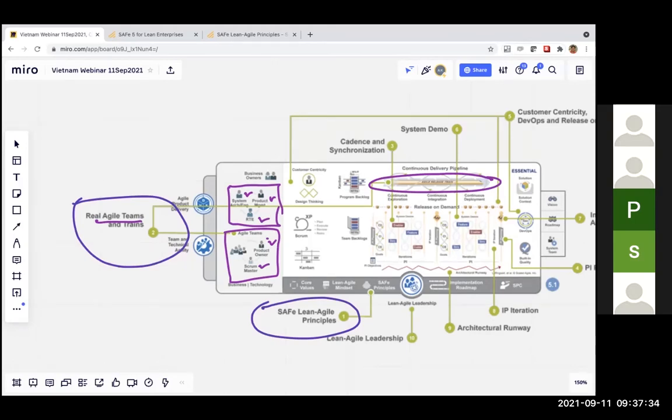Yeah, thanks a lot. There is also a question from Hưng Nguyen: can one person play multiple roles in a SAFe framework? I would not recommend that, because most of the roles have so many responsibilities of their own.